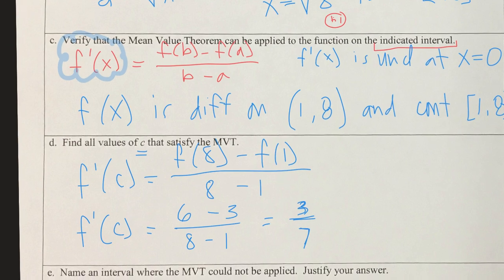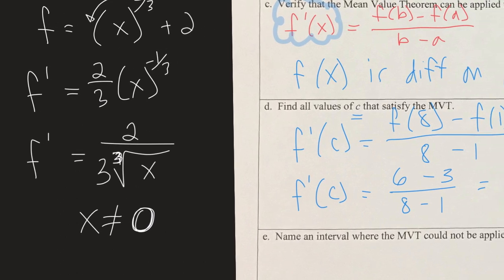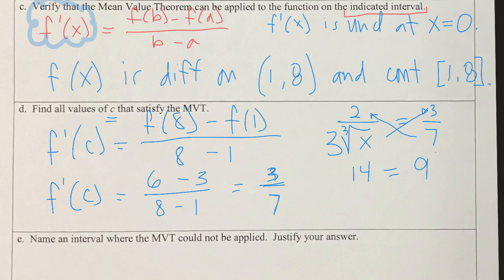Okay, and our derivative over here, remember, was this 2 over 3 times the cube root of x. So we want to know when this equals 3 over 7. Okay, so we have a fraction equals a fraction. Let's cross multiply. 7 times 2 is 14 equals 9 times the cube root of x.